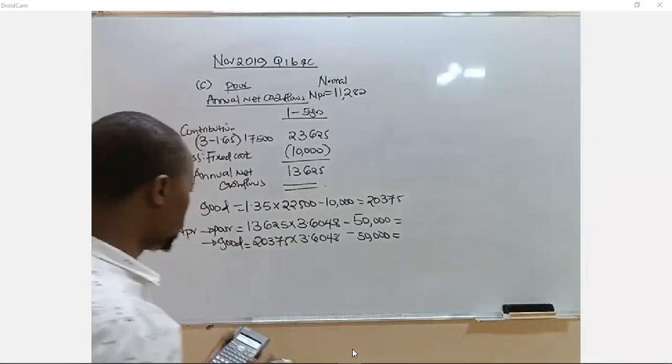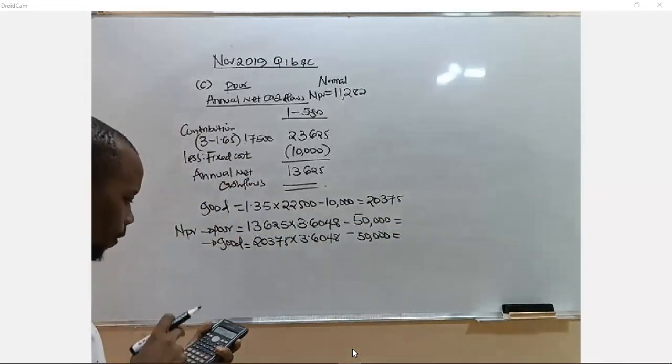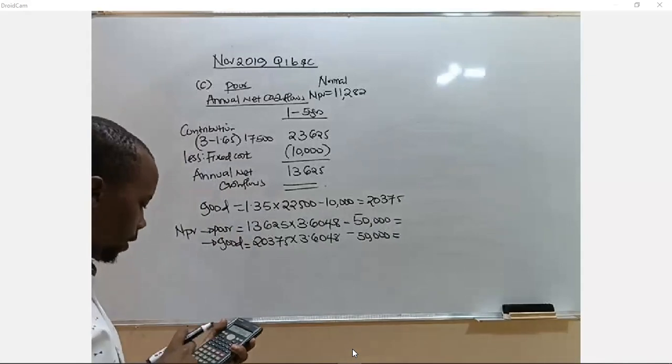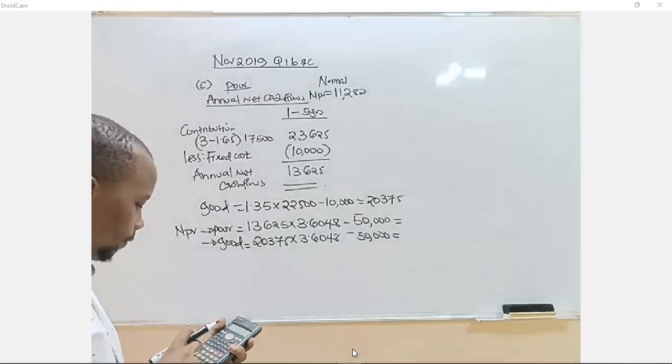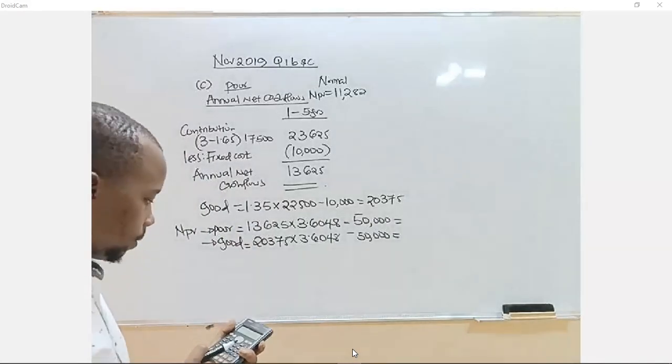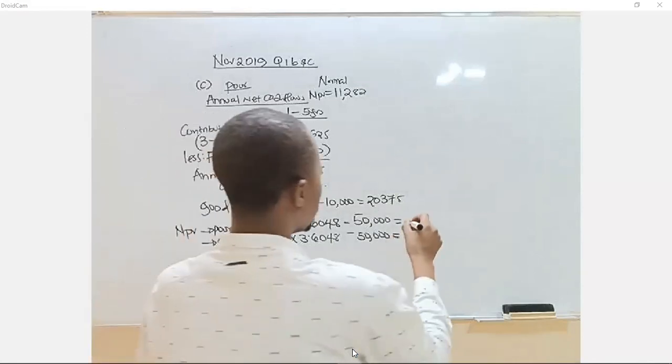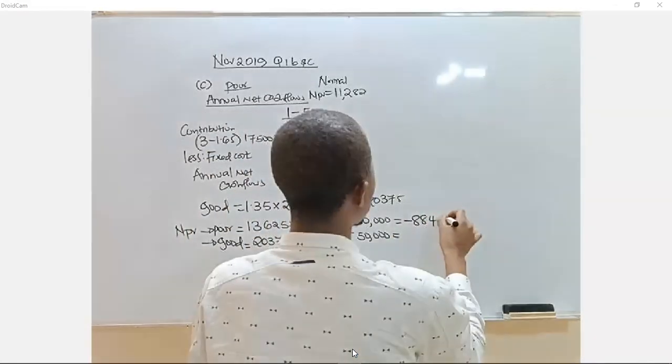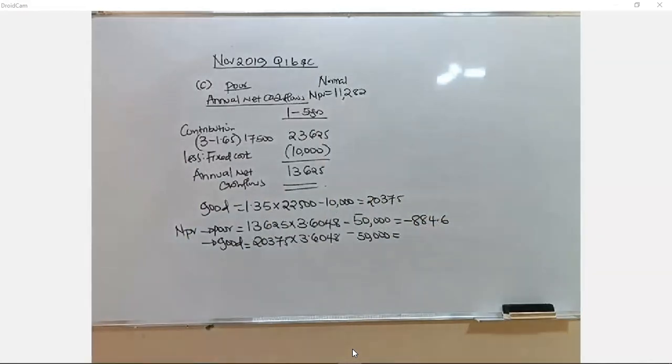So how much would be? So 13,625 times 3.6048 minus 50,000, right? Getting negative 884.6. Then the other one will be 23,750 times 3.6048 minus 50,000. Getting 23,447.8.